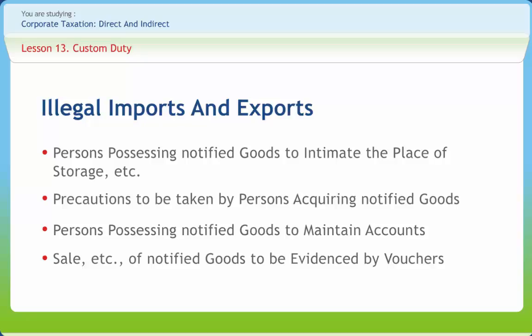The third is persons possessing notified goods to maintain accounts.